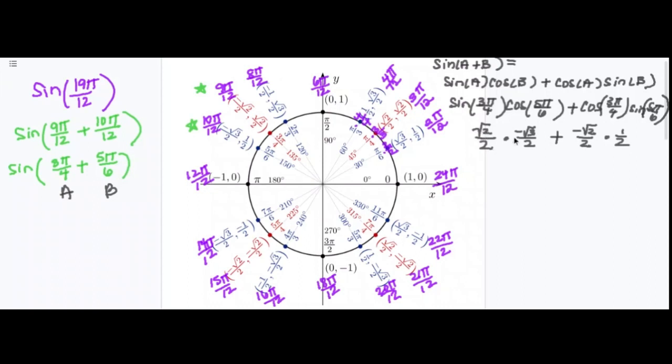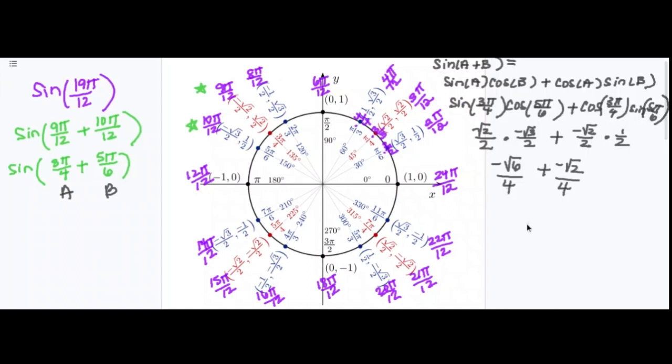So now I'm going to simplify. Square root of 2 times negative square root of 3 is negative square root of 6. I can just multiply underneath the radicals here. 2 times 2 is 4. Plus square root of 2 with a negative out front times 1 is just negative square root of 2. And again, 2 times 2 is 4.